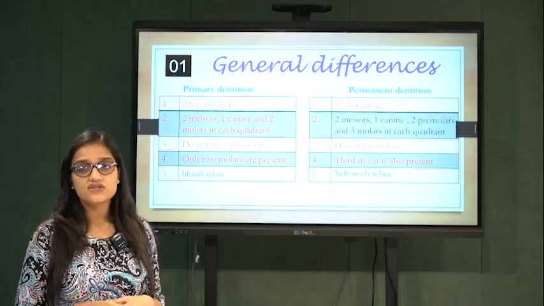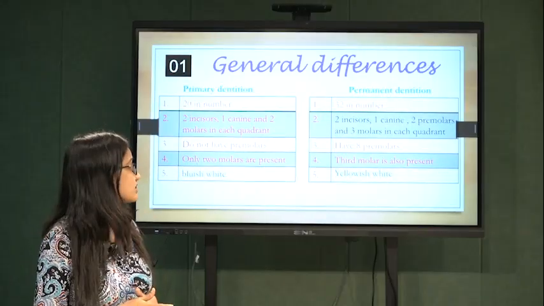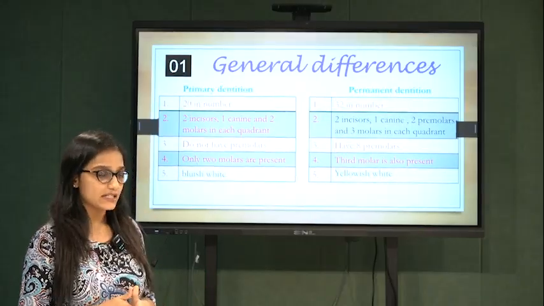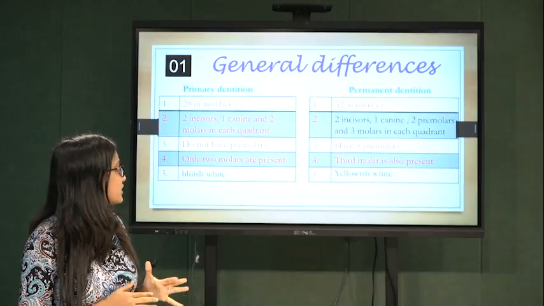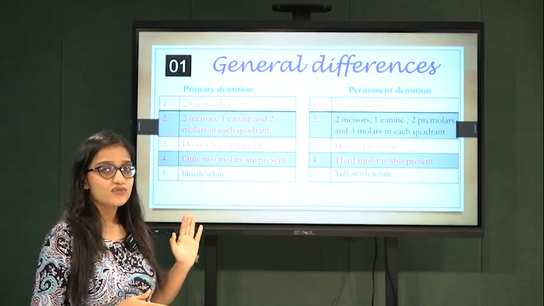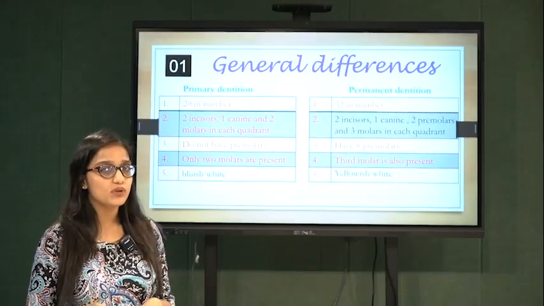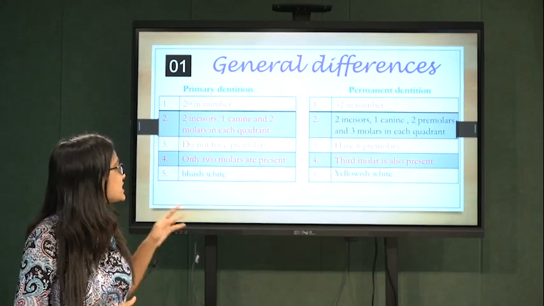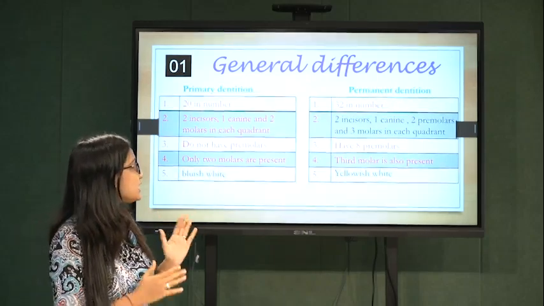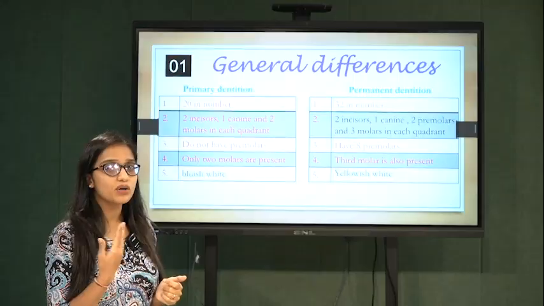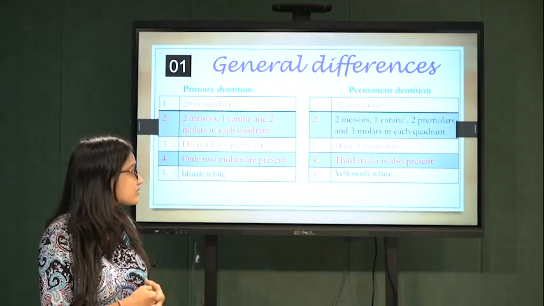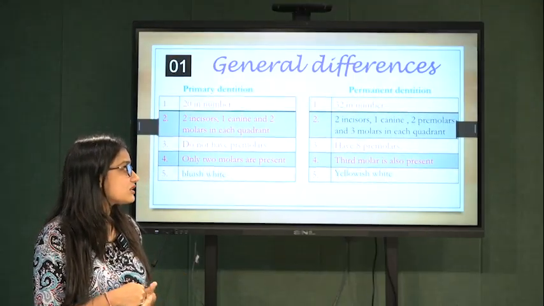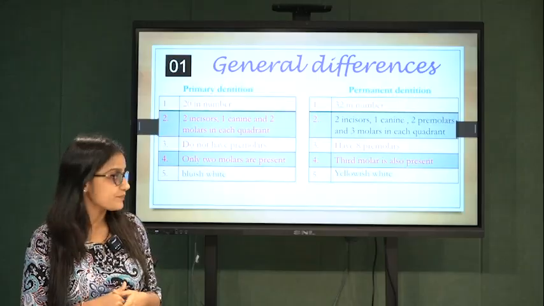So we'll start with the general differences between the primary and the permanent dentition. First is the difference in number, that is 20 in primary dentition and 32 in permanent dentition. Here there are 2 incisors, 1 canine and 2 molars in each quadrant, whereas in permanent dentition 2 incisors, 1 canine, 2 premolars and 3 molars in each quadrant are present.